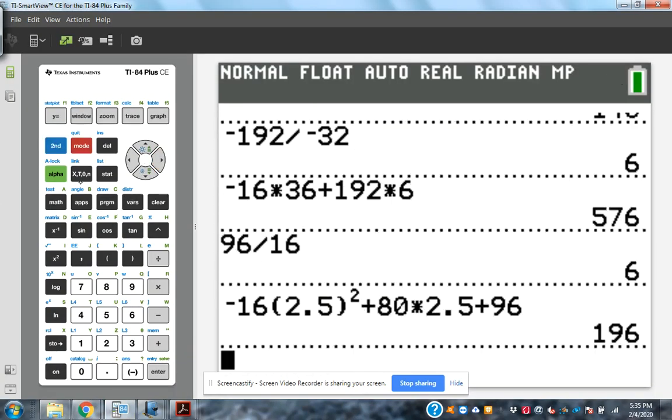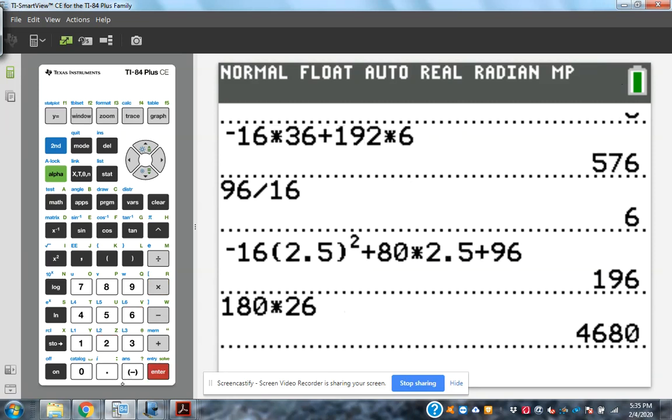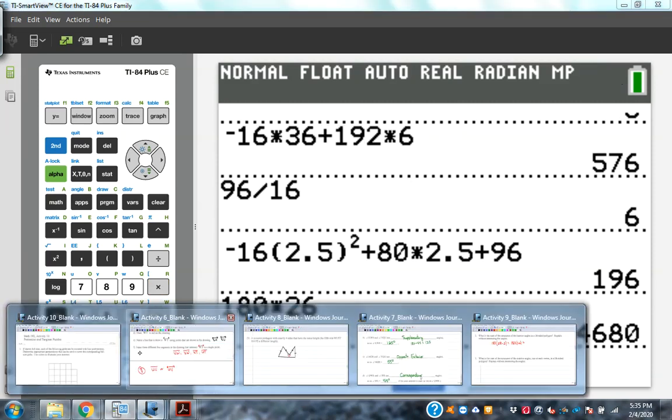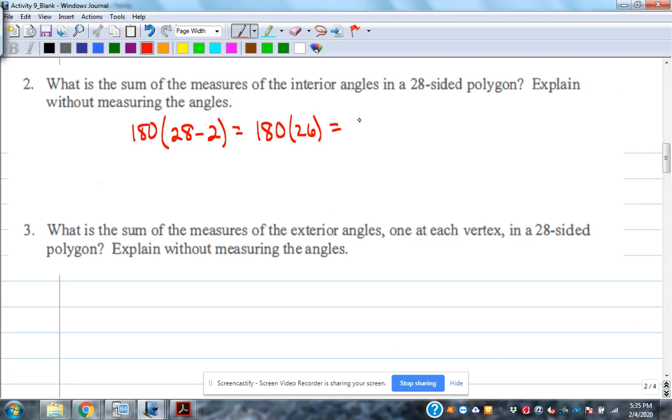Yeah, 180 times 26. Did you know that? All right. 4,680 degrees on the inside of that. Explain without measuring the angles. We're using the sum of interior angles.